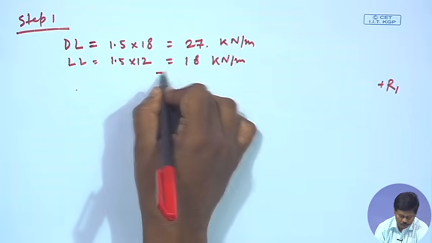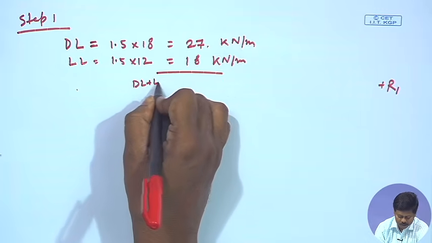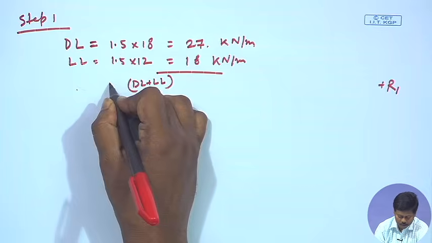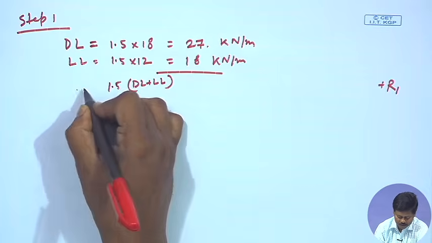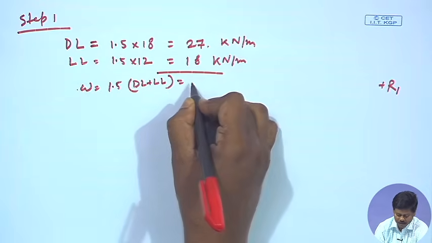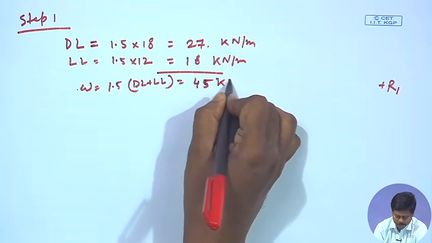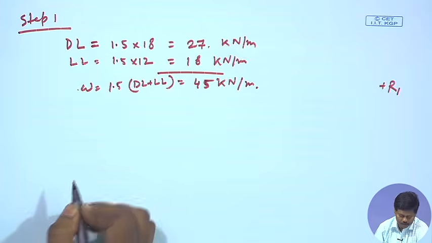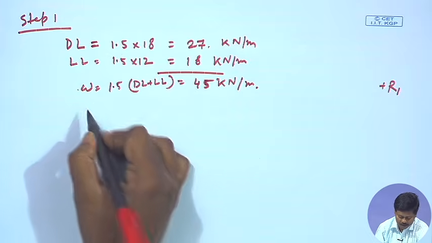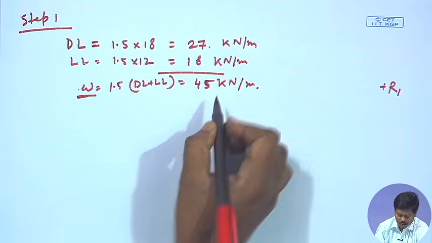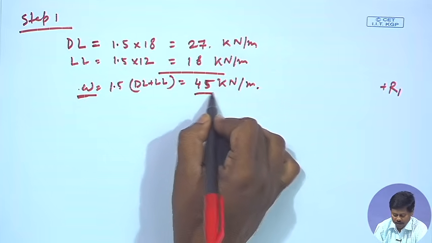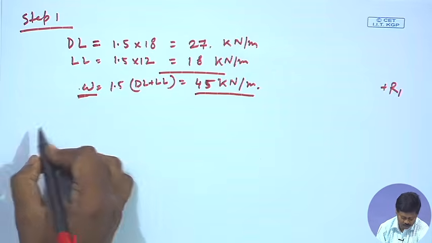So, total load, dead load plus live load, that is factored load W is equal to 45 kilonewton per meter. So, in step 1 we have calculated the factored load W, which is coming 45 kilonewton per meter.